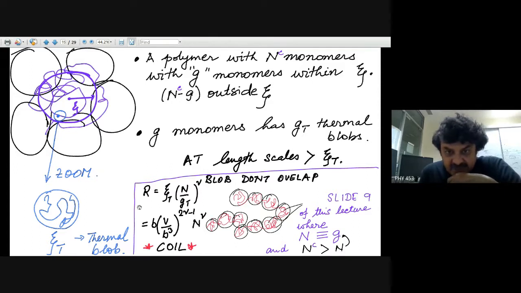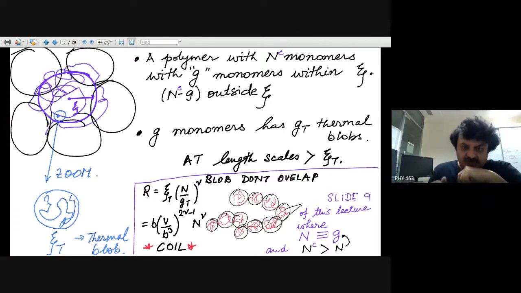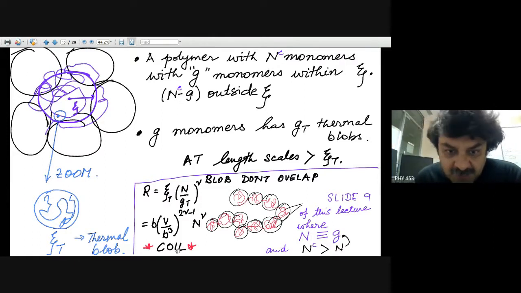Now, just to remind you, this is from slide 9 of the previous module of this lecture this week, where we were discussing thermal blobs. This is the extent of the polymer in the coil configuration, in a good solvent, and these were the formulas which were used.